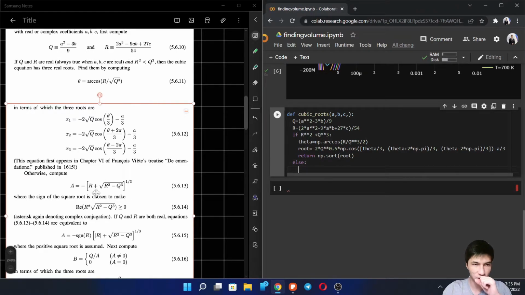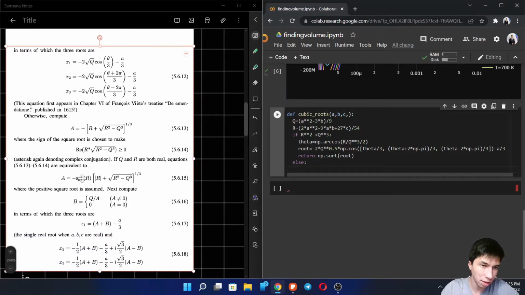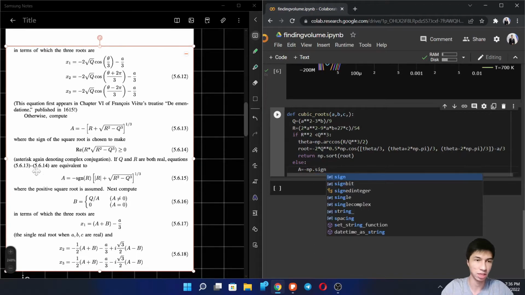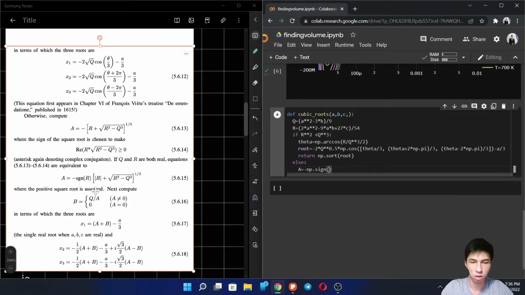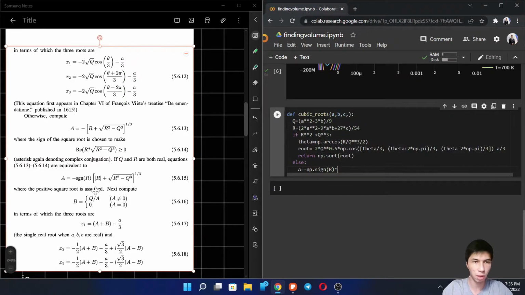It has to calculate the value for A. And here this thing's SGN is the sign of our value R. So we're going to express this as, there is a function numpy sign, which is exactly the same as this. So it's going to take our sign of R and multiply it.